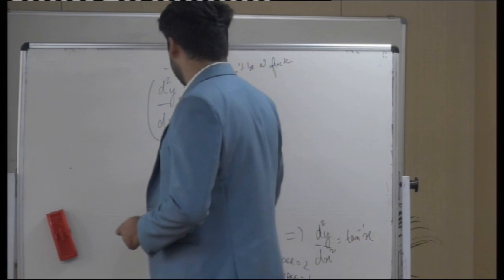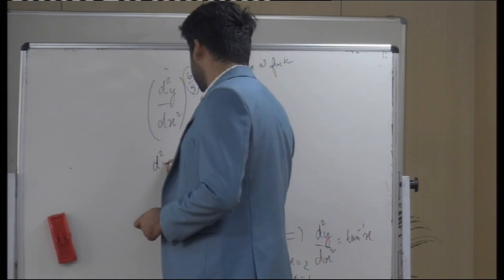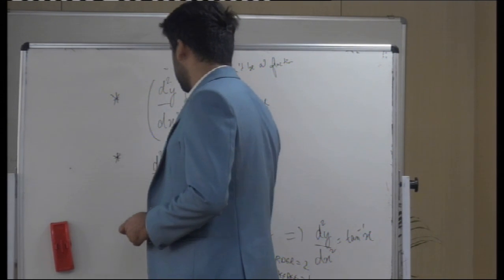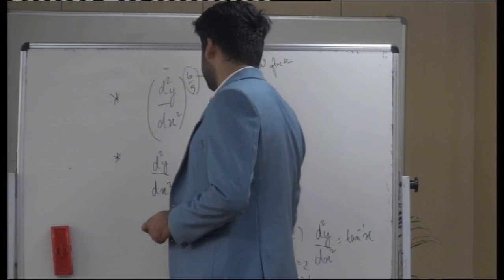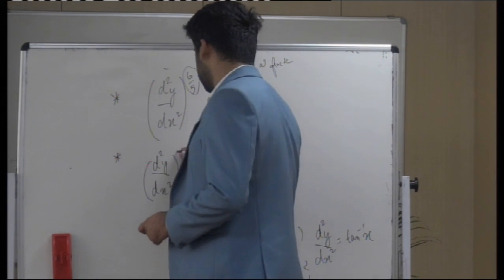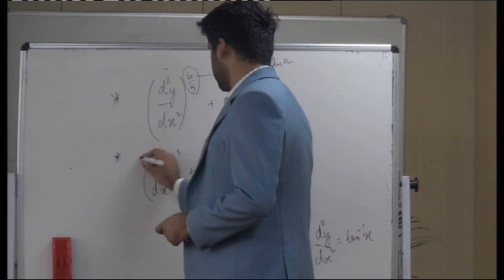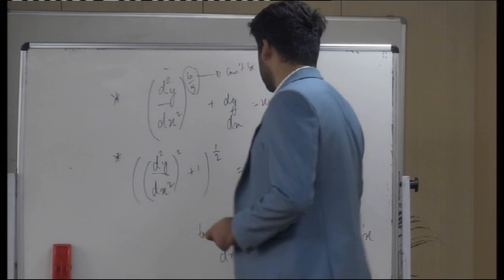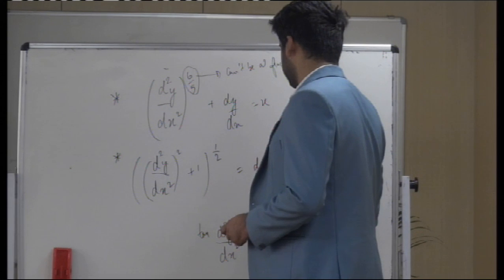Okay. Next case is d2y upon dx2 square plus 1 to the power 1 by 2 is equal to dy upon dx.